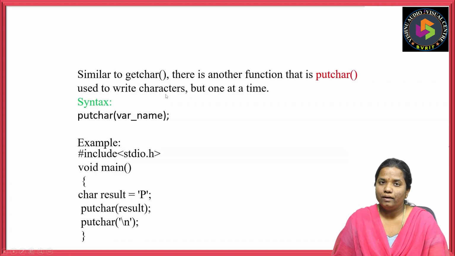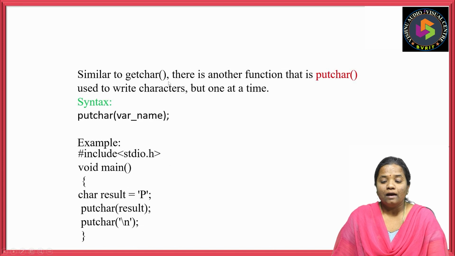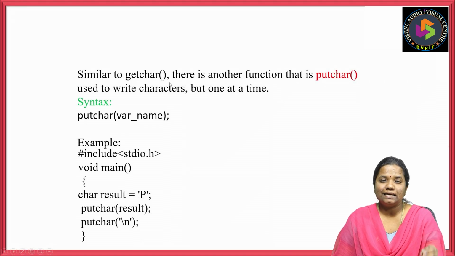Here we are going to take the support of the putchar function, similar to getchar. The putchar function is used to print a single character on the screen. So the getchar function is used to read a single character from the input device, and the putchar function is used to write a single character on the screen.